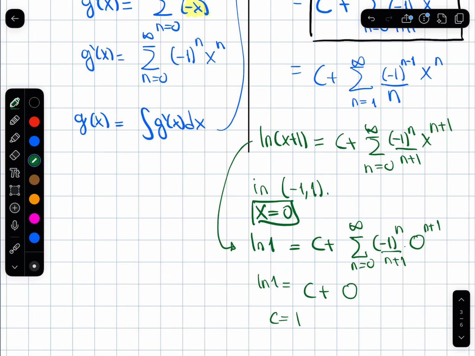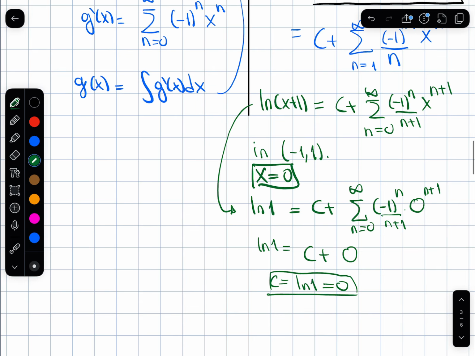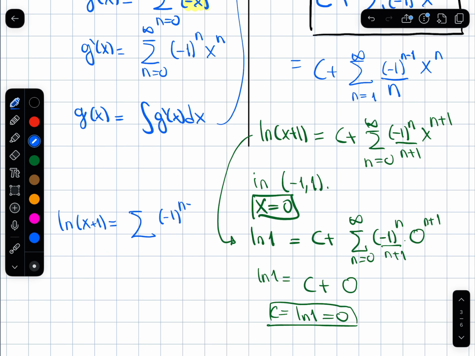So c is the natural log of 1, which is 0. So c equals 0. And so we can finally write that our summation is ln of x plus 1 equals the sum of minus 1 to the power n minus 1, by dropping.